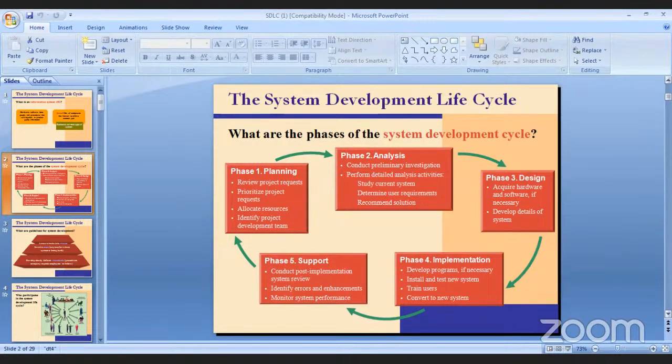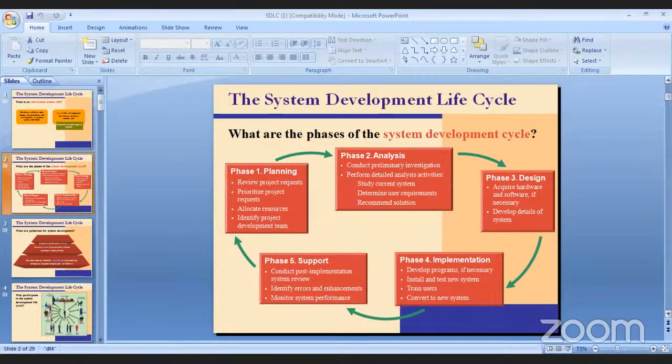So now the second slide you see, I told you what are the phases of SDLC. Now, what is SDLC? I told SDLC is a set of rules and regulations that are followed to develop a new system or to change the existing system to adopt the new requirements or the new demands or the new needs of the market.